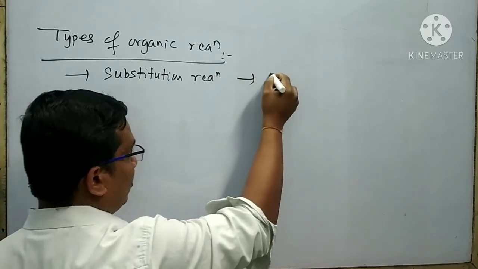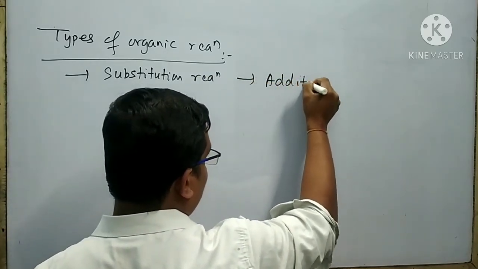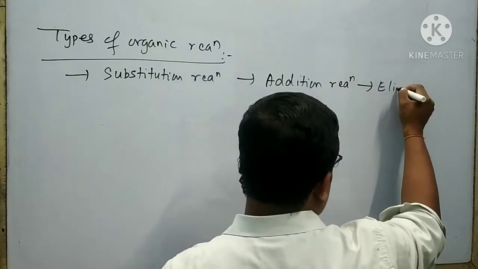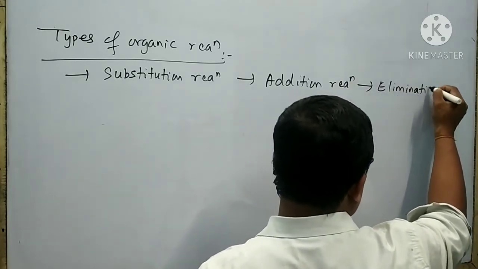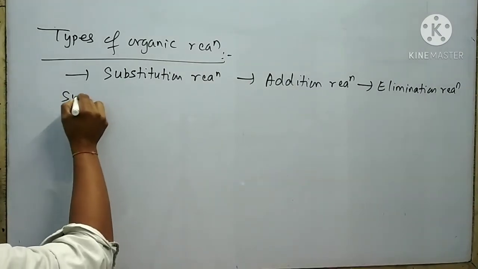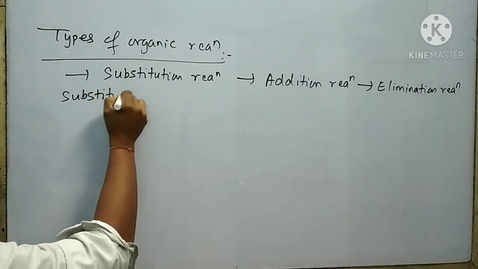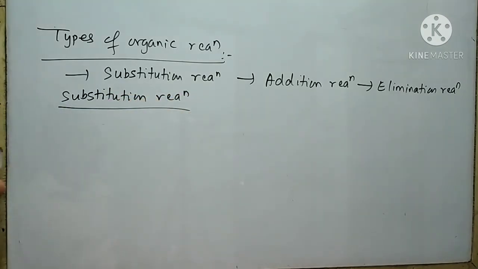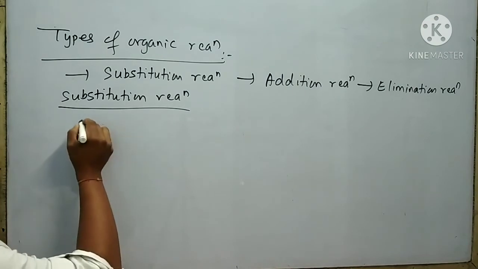Number two is addition reaction. Number three is elimination reaction. At first I will discuss the substitution reaction. Substitution reaction is again classified into three types.